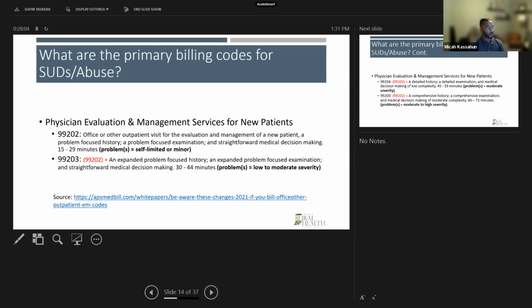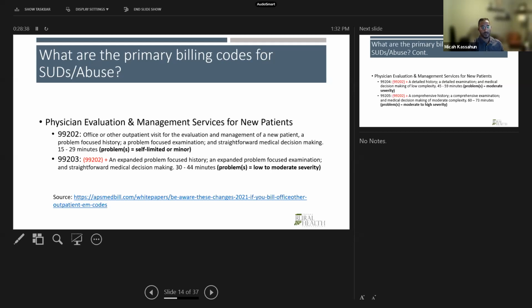Now, as you notice, when I look at 99203, it includes everything from 99202. So it's an office or other outpatient visit. And then upon that, it's not a problem-focused history, it's an expanded problem-focused history. As you can see, as the number increases, some of the wording changes because for this specific set of codes, things are increasing in severity, in the type of medical decision-making process, and in the amount of time it takes for the medical professional to work with the patient.